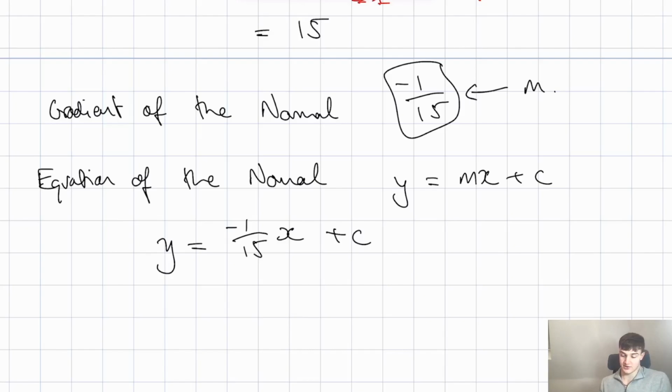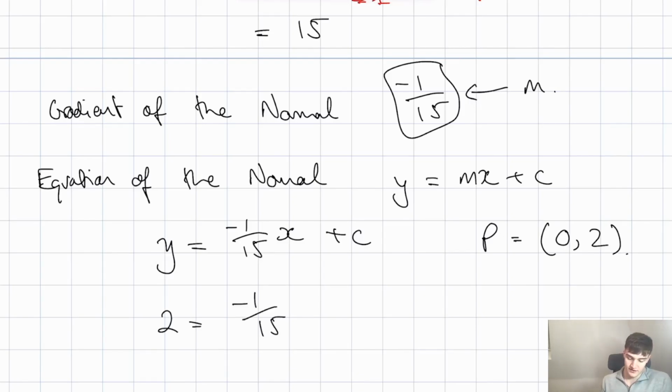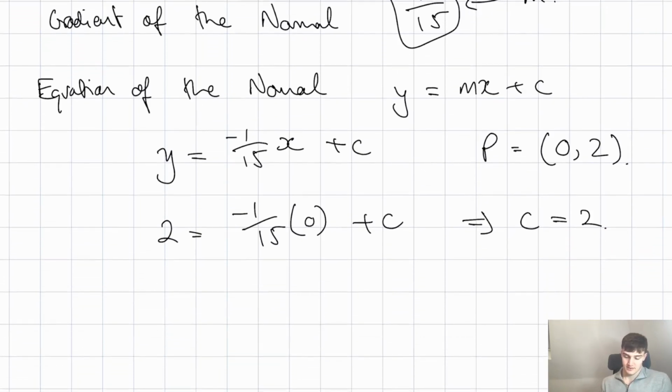And to work out what the c is, we just need to use our point P, which is (0, 2). That is on this line. So when y is 2, we're going to get negative 1 over 15 lots of 0 plus c. So that gives us that c must be 2. Therefore, overall, the equation of our normal is y is negative 1 over 15 x plus 2.